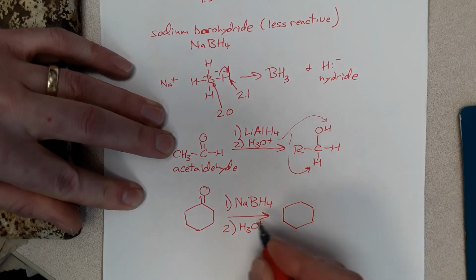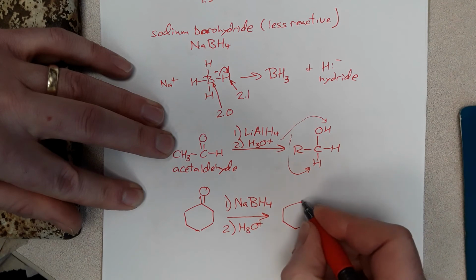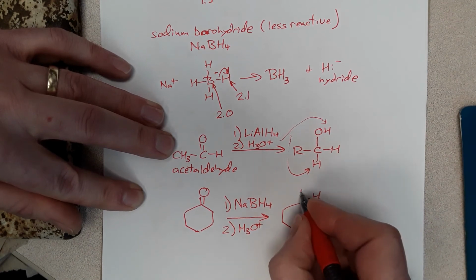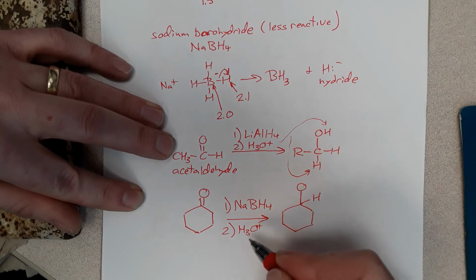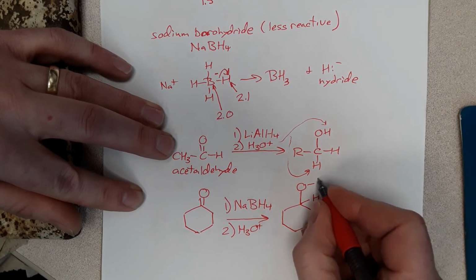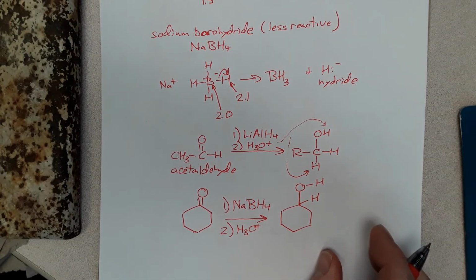Again, we are breaking the pi bond. From sodium borohydride, we're adding the H minus here, and that makes this a negative charge, and then that picks up the H plus there, and that's the second hydrogen that has added.